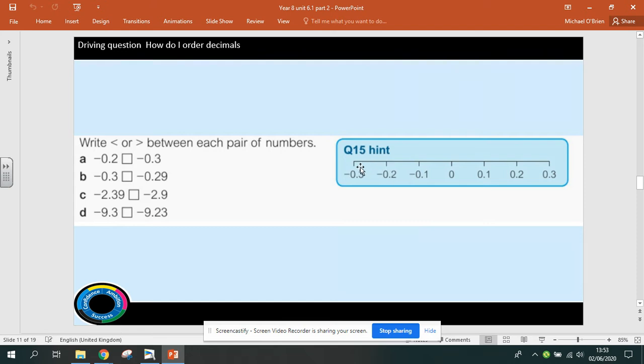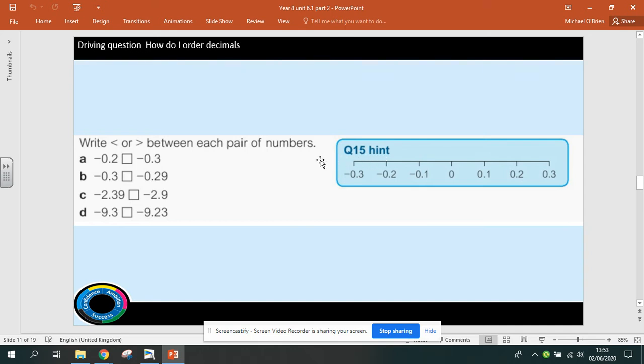So halfway between minus 0.3 and minus 0.2 will be minus 0.25. Nearly all the way to minus 0.3 would be minus 0.29. So the numbers work in exactly the same way, but going this way.